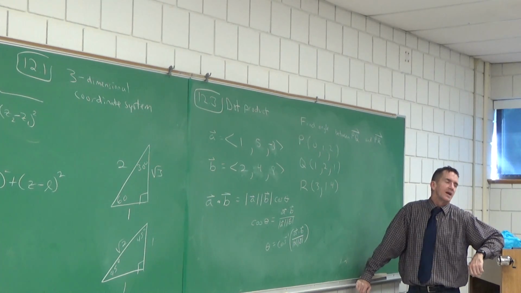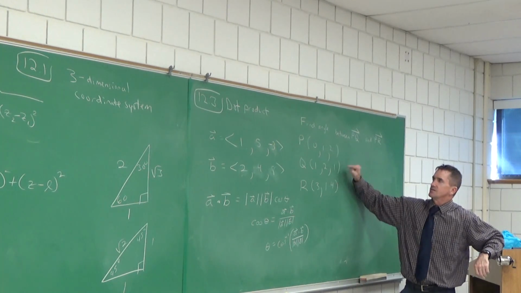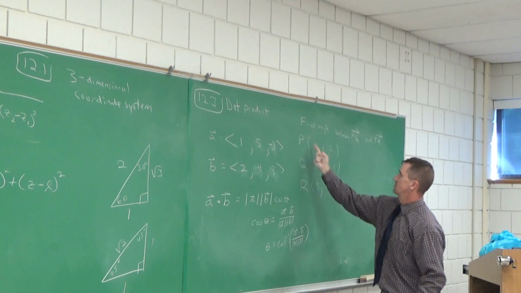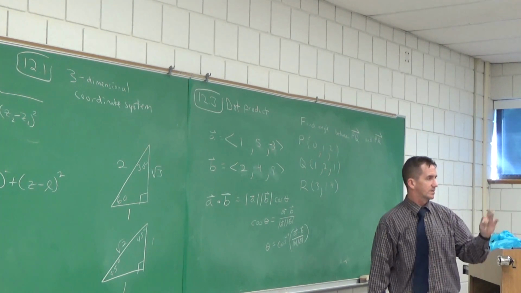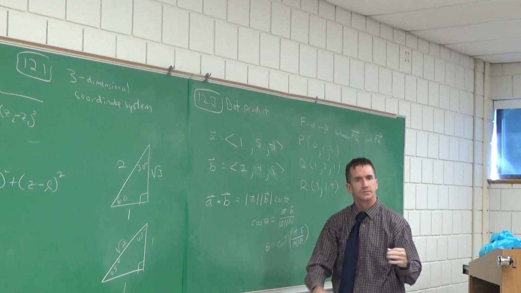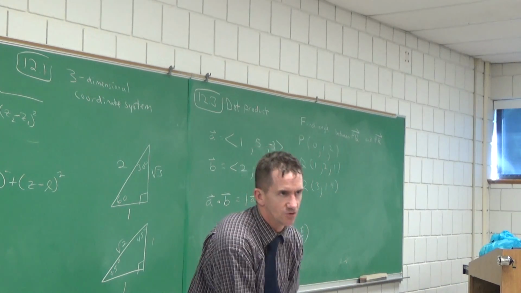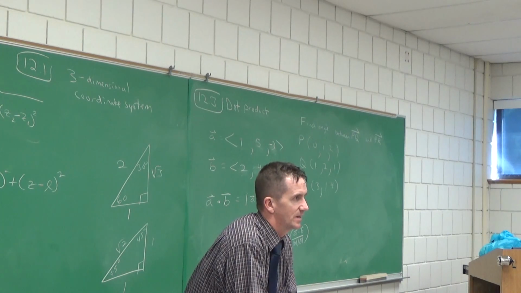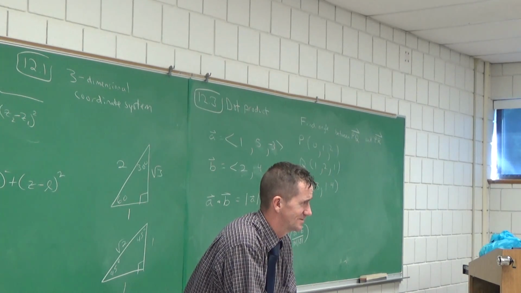Alright, but there's something we haven't even done in this class yet. These are not vectors. Those are vectors. These are what? Coordinates. So make a note of that, those are points. So the first step, as we try to solve this problem, everyone, we need vectors. And I haven't done this yet in this class. How do you get vectors from points?